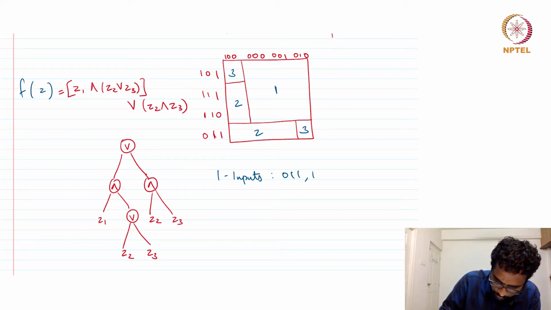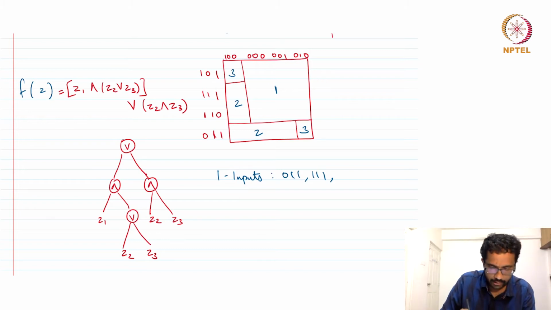And if z2 and z3 are not both 1, even the first term could be 1. The first term is z1 and (z2 or z3), so z1 has to be 1 and either z2 or z3 has to be 1.